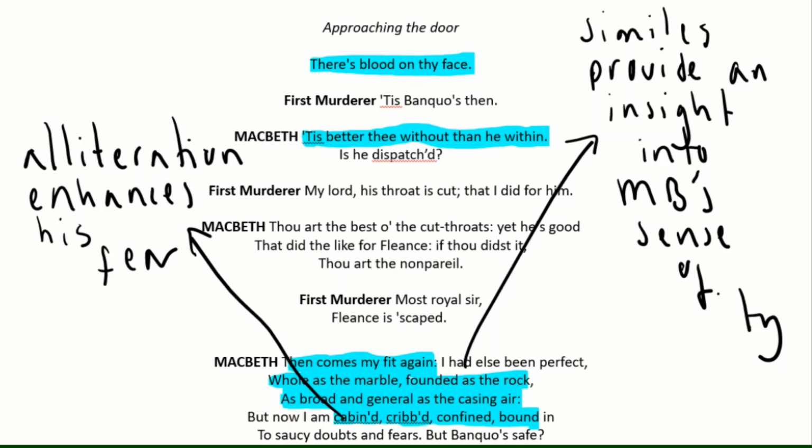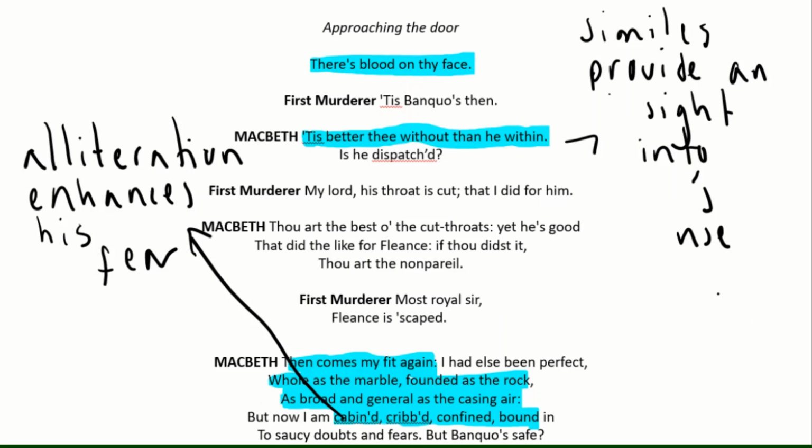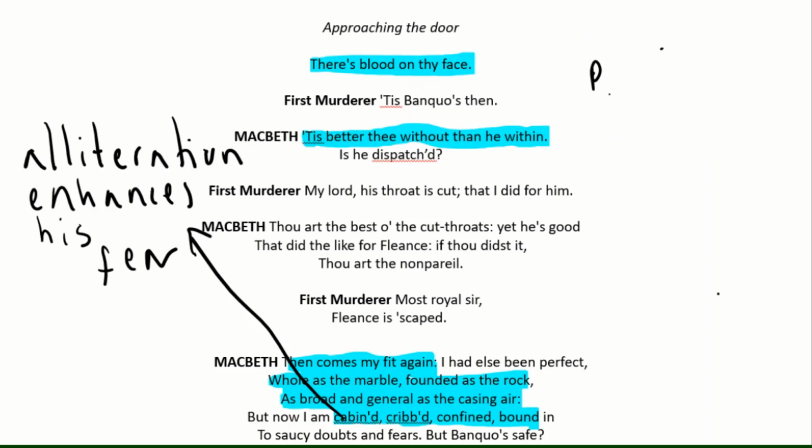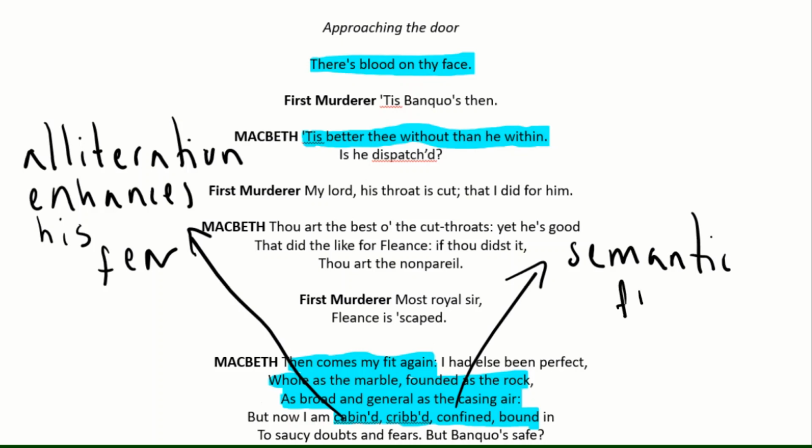And also we're going to add to this line cabin, cribbed, confined and bound. These are all words in the semantic field of imprisonment.